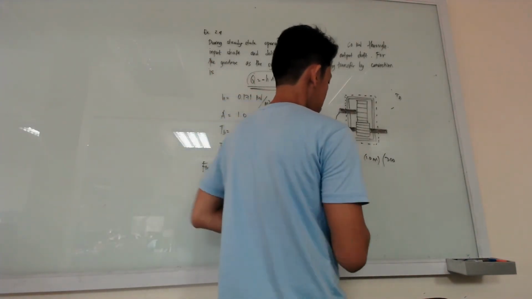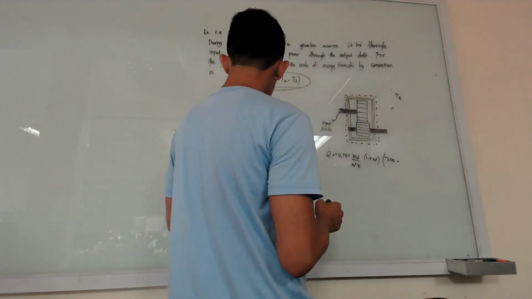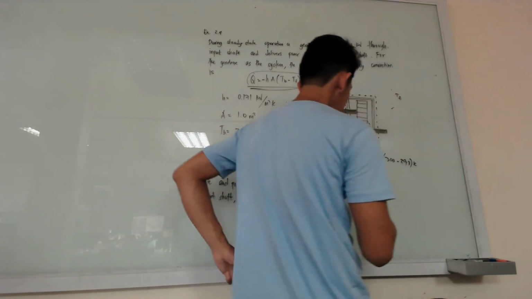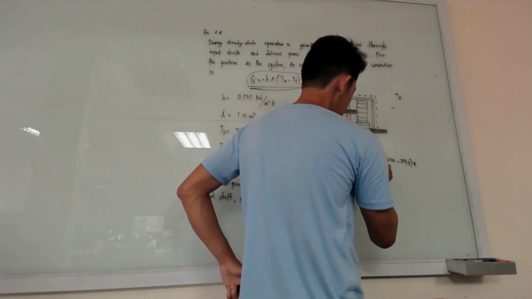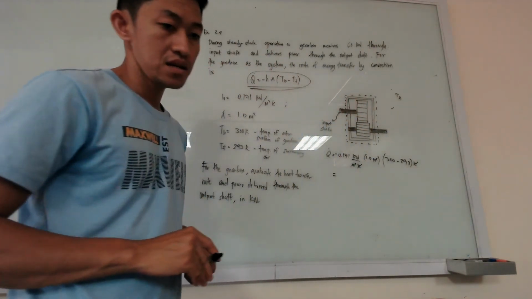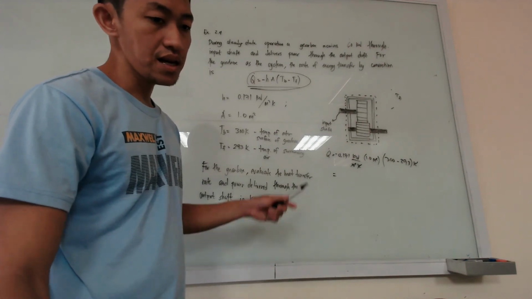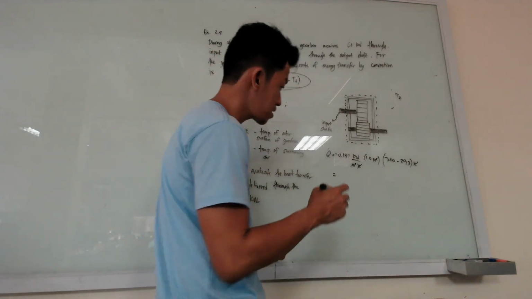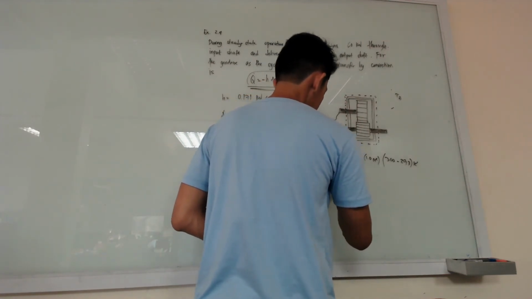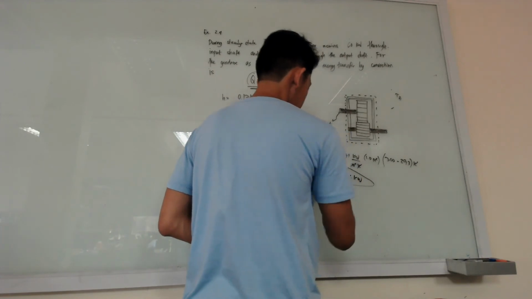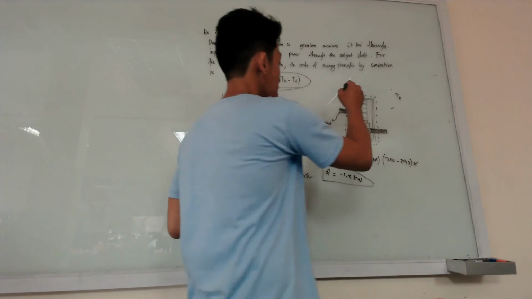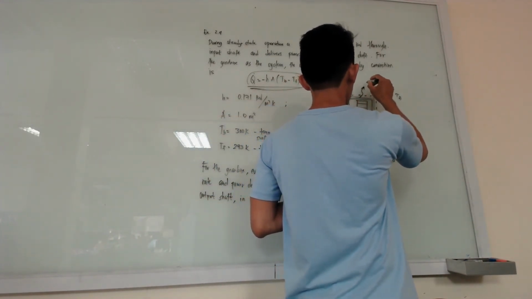Okay, so negative, 300 minus 293 Kelvin. Okay, so now the units cancel. So what remains is kilowatts. Okay, therefore when you calculate, that would give you negative 1.2 kilowatts. Okay, why negative? Because it is going out of the system.